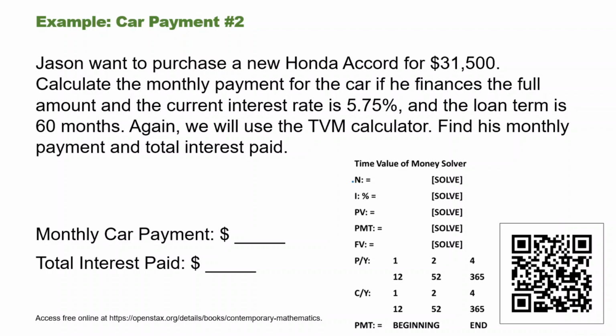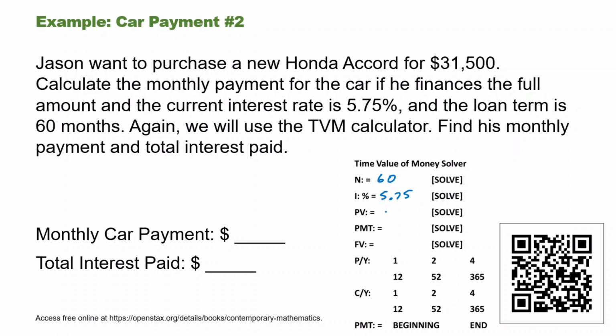Let's begin with capital N. Because these are monthly payments for, well, it appears to be 5 years, but it says it's 60 months, that means we'll just say N is equal to 60, which is 12 times 5. I is 5.75%, so we'll enter 5.75.